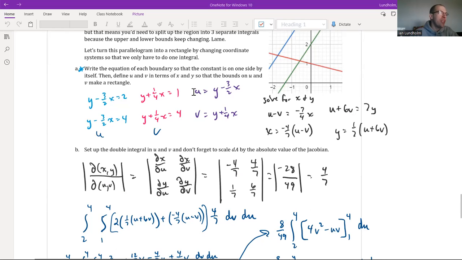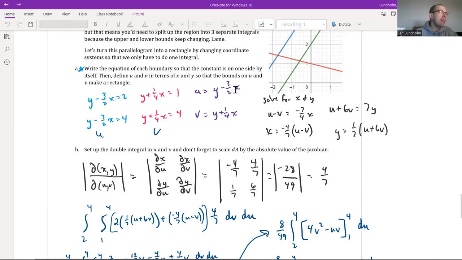For instance, if we subtract the second equation from the first equation, we get u minus v, boom. We get y minus y, 0, and negative 3 halves minus 1/4, negative 7/4 x. We eliminate that variable y right off the bat, and we're able to solve for x fairly easily.